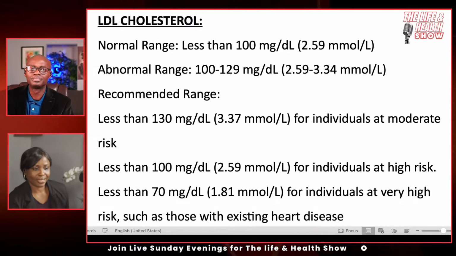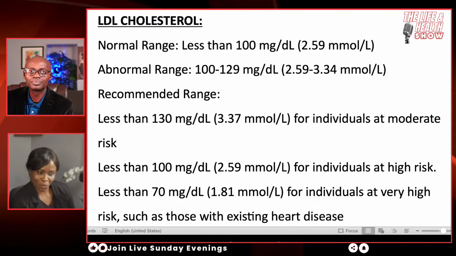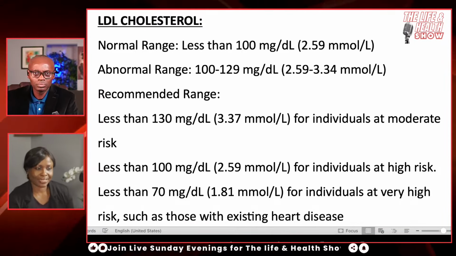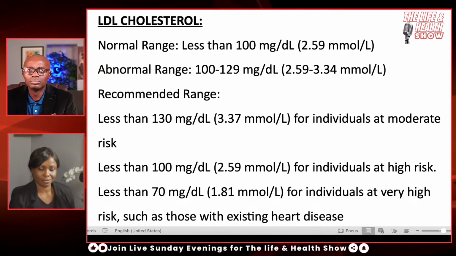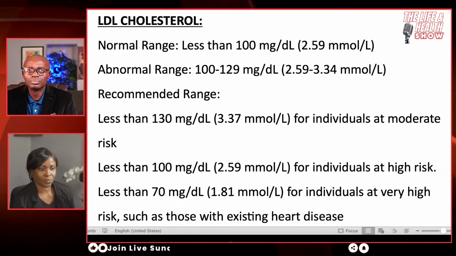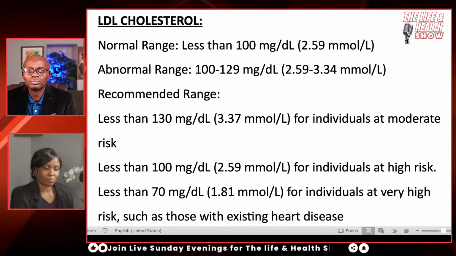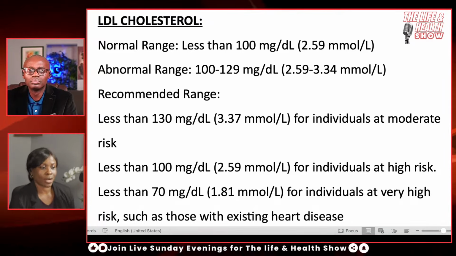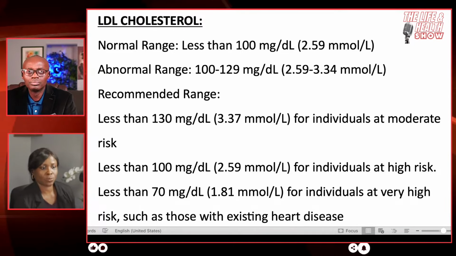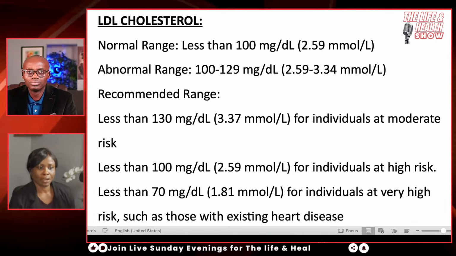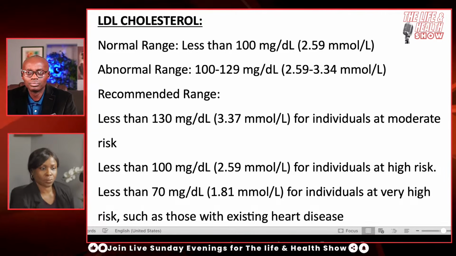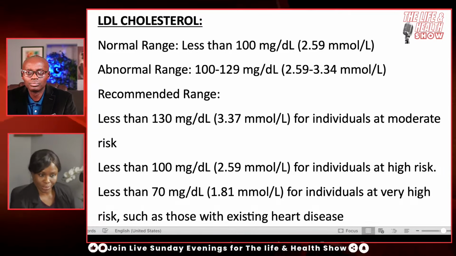So the LDL, which is the bad cholesterol, the normal range is less than 100 milligrams per deciliter. So any number below 100, you are in the normal range. It becomes abnormal range when it's higher than 100, up to 129.